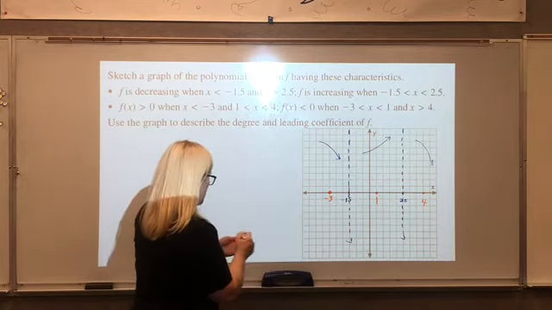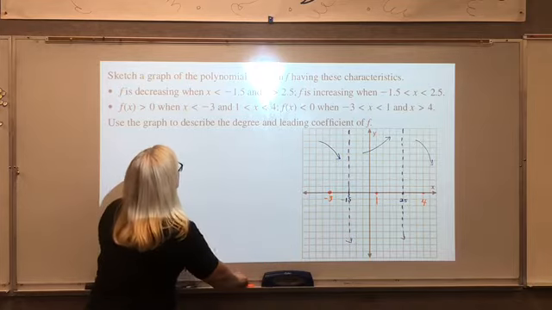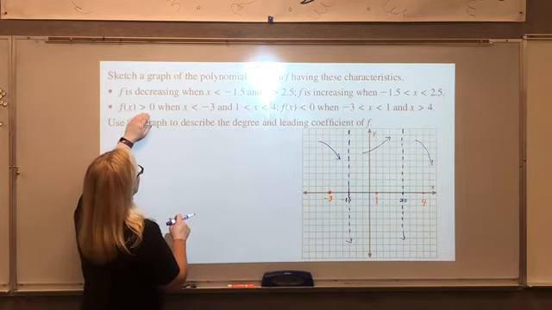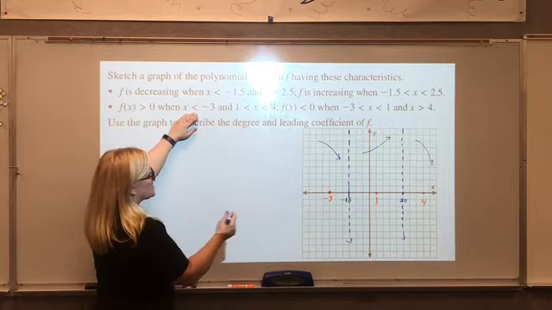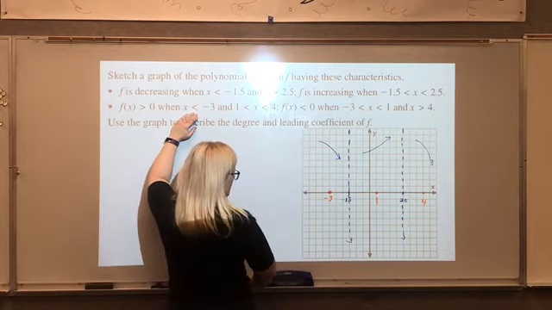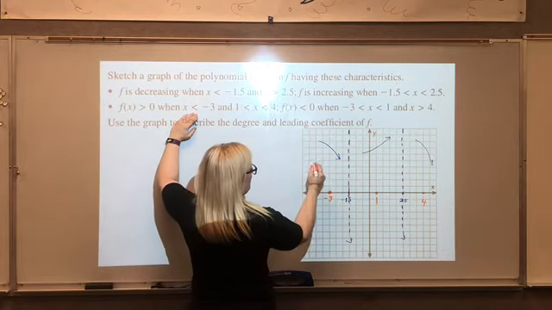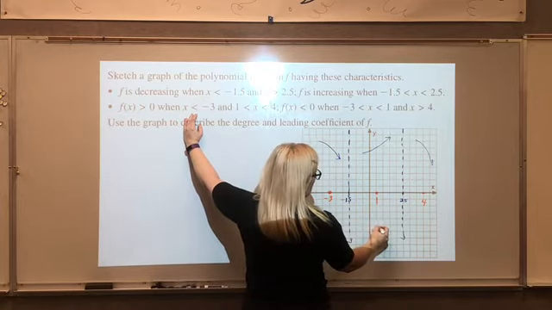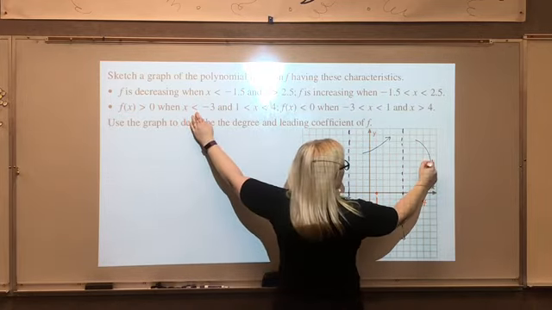Okay? So it's going to be up in this area right here, and then it's going to be negative, so it's going to be down here, and then positive again.